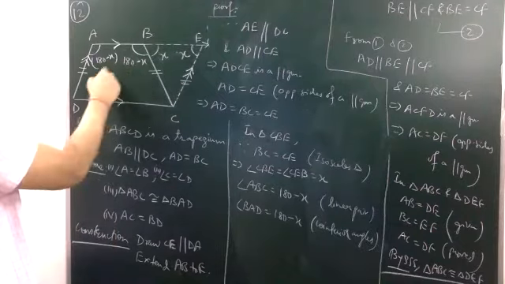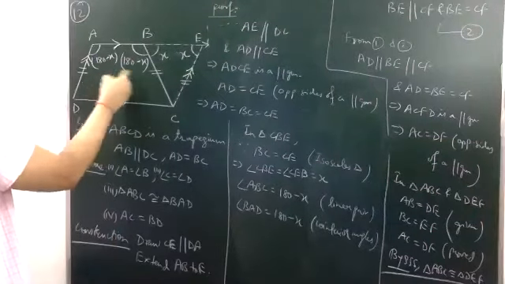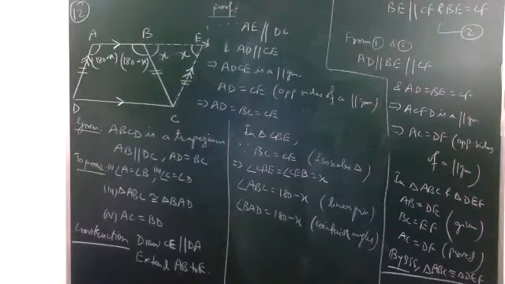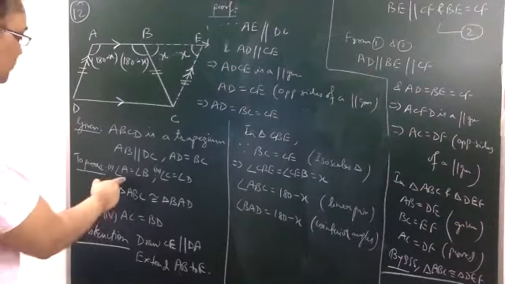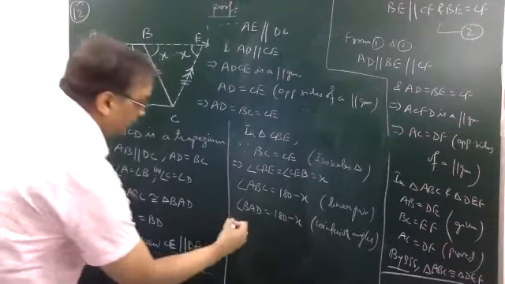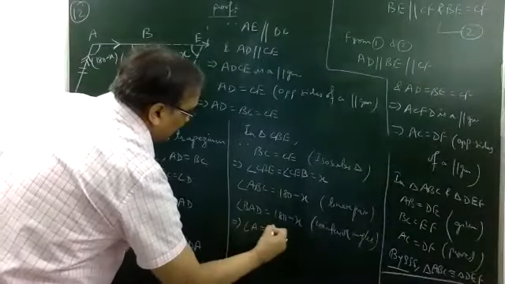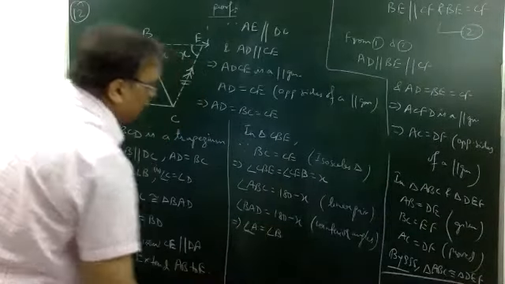See, now both of these are equal 180 minus X. So पहला वाला तो प्रूव हो गया कि angle A is equal to B. So this implies angle A is equal to angle B.